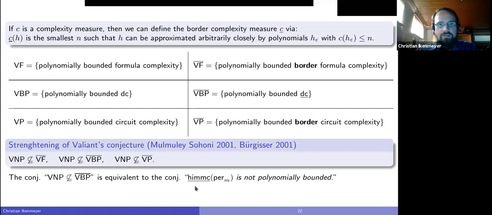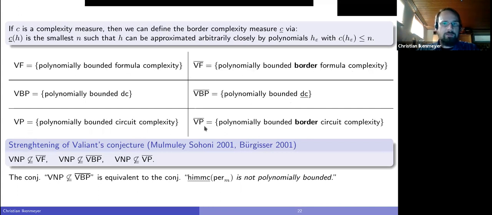So if you do that, something interesting happens. If you say, okay, I have my usual 3 complexity classes of efficient algebraic computation, but now let me replace all these complexity measures by the corresponding border complexity measures, like polynomially bounded border formula complexity, or polynomially bounded border determinantal complexity, or polynomially bounded border circuit complexity.